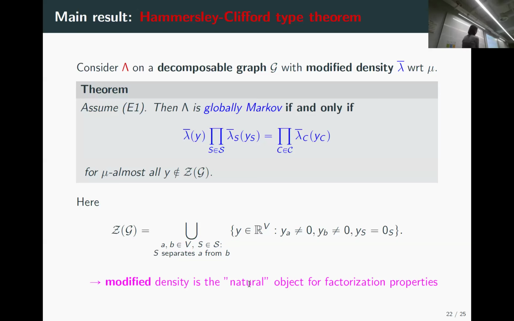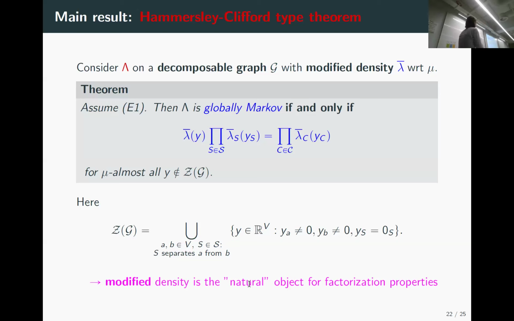Well, I should say for decomposable graphs. These are graphs that one can construct iteratively by gluing a new graph to an old graph along complete separator sets. Our proof has a recursion on this kind of situation, and that's why it only works for decomposable graphs.